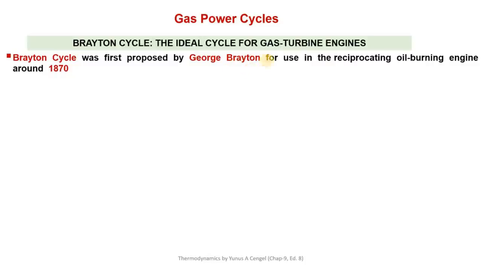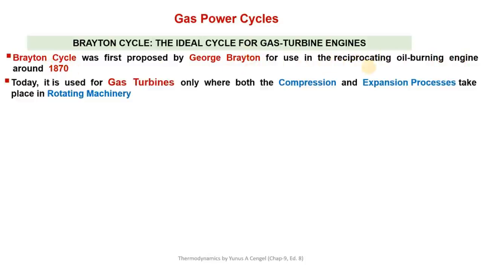Initially Brayton used this cycle in reciprocating oil burning engines around 1870. So initially it was a reciprocating type of engine, but today the same cycle is used for gas turbines, which have a rotating element, not a reciprocating type of machine.